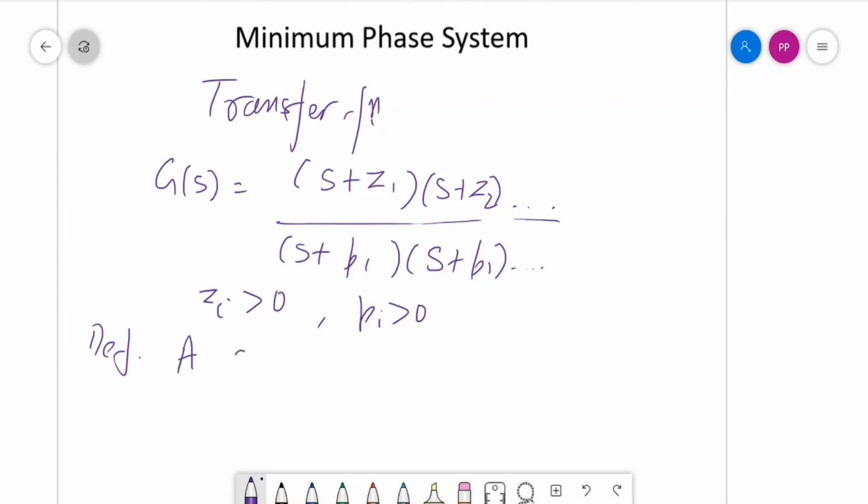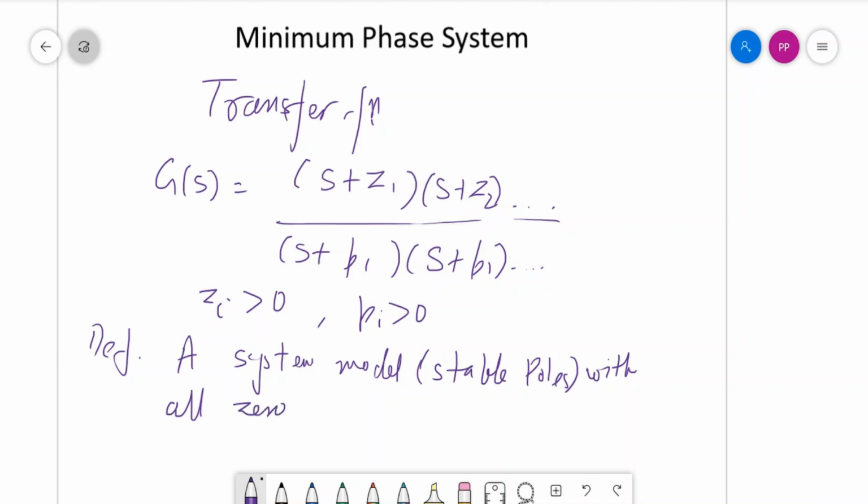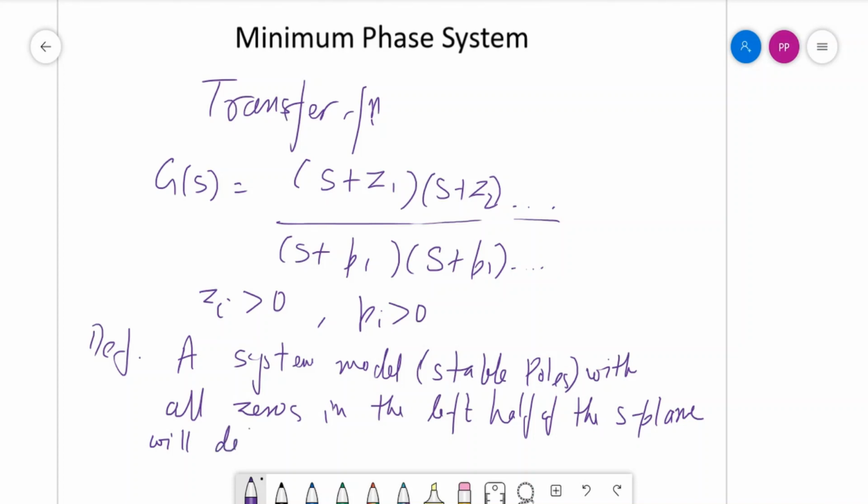A system model with stable poles, that is poles on the left half of the S-plane, with all zeros in the left half of the S-plane, we'll define a minimum phase system model.